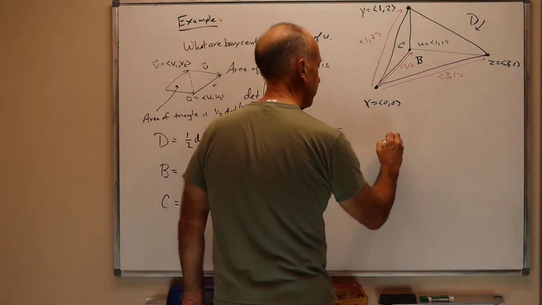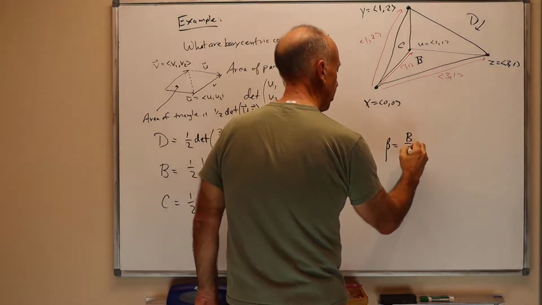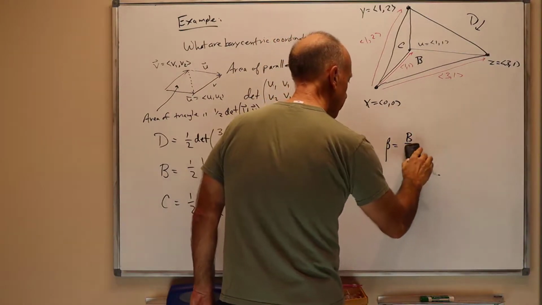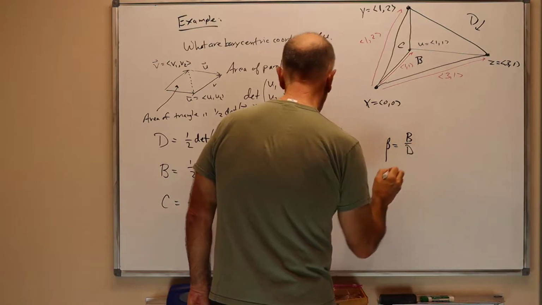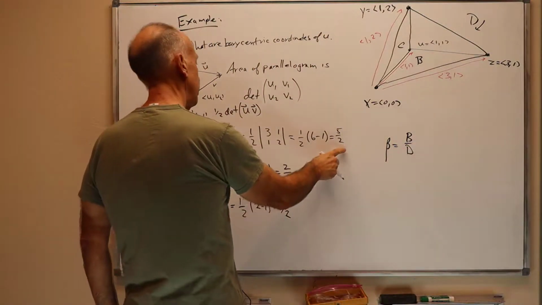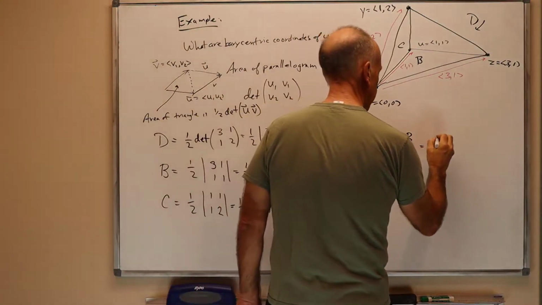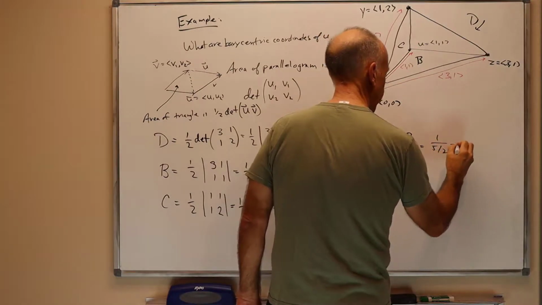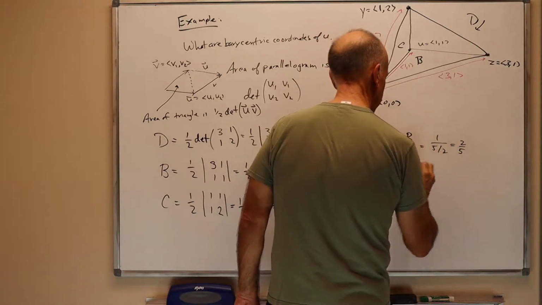So now we can read off at least beta and gamma immediately. Beta is B over D. B is 1, D is 5/2, so that's 1 over 5/2, which equals 2/5.